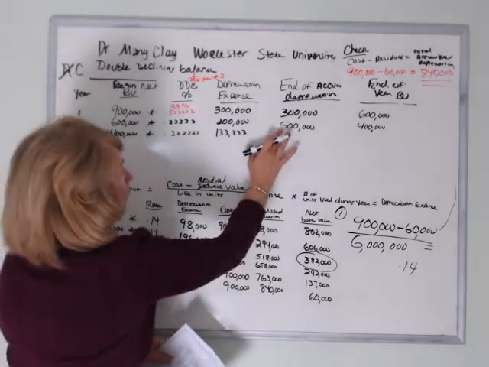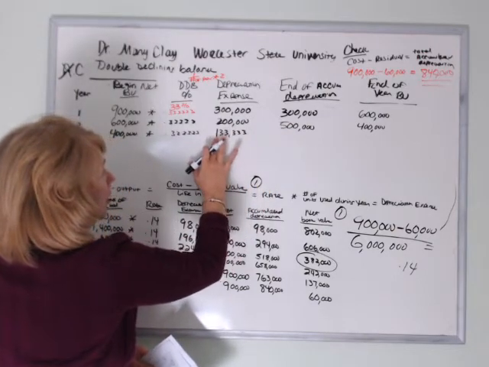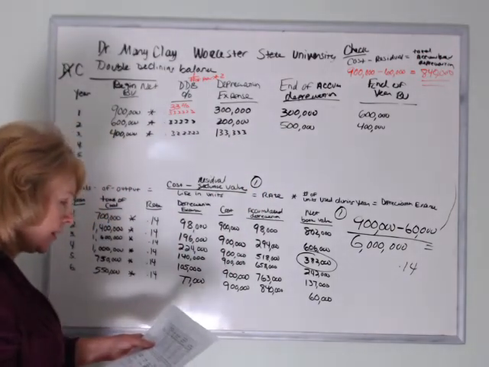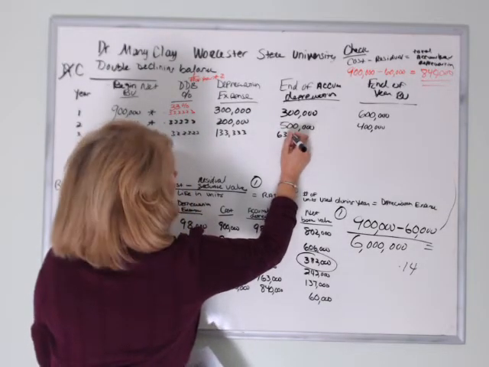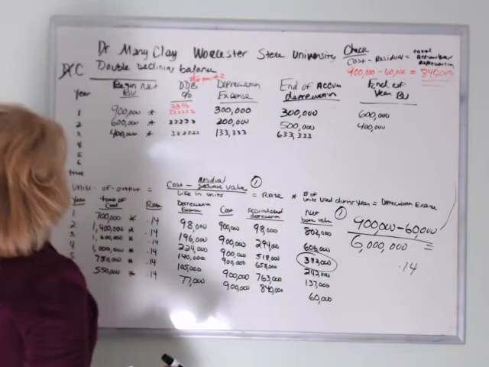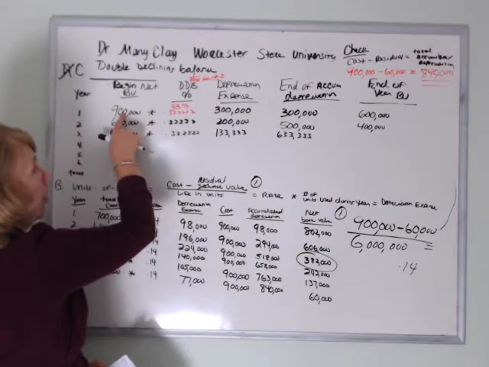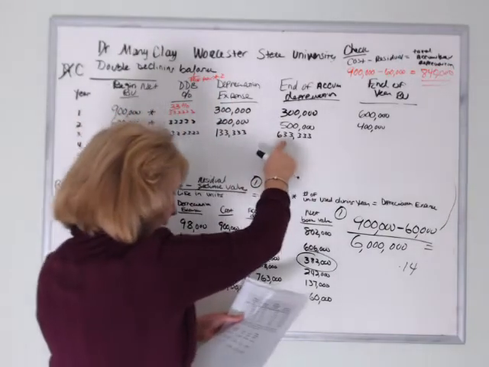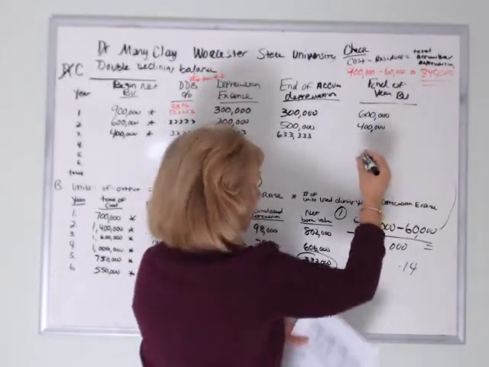We're going to take 500,000, our accumulated depreciation from the year before, plus our depreciation expense, and that will give us our accumulated depreciation for year three. Okay, we're going to go all the way back to cost, 900,000, subtract out 633,333, and that gives us 266,667.